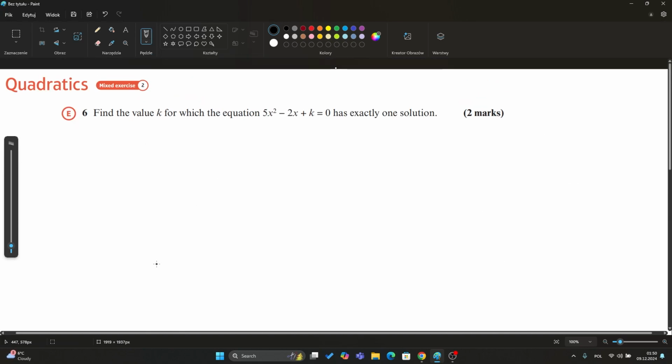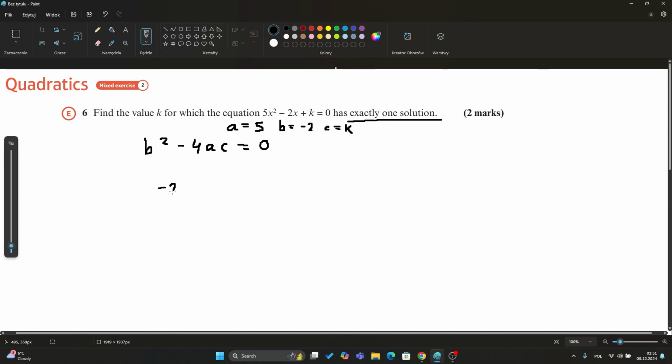Now we got the next question. So in here we got exactly one solution, meaning that b squared minus 4ac will be equal to 0. And now we just plug in the coefficients. So a equals 5, b equals minus 2, and c equals k.